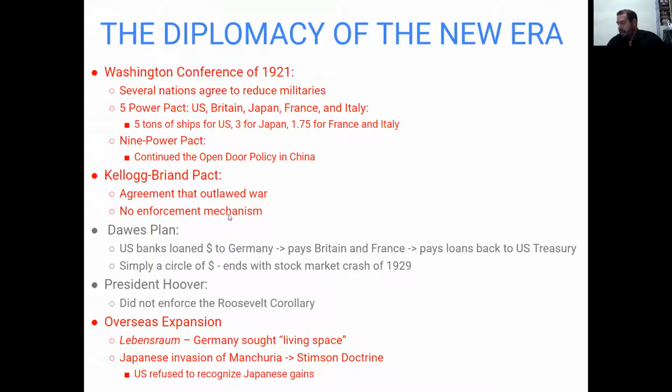And what comes out of that is the Stimson Doctrine, where the U.S. will refuse to recognize Japanese gains. So even though they invaded Manchuria and it was technically part of the Japanese Empire, the U.S. would not recognize that as being part of Japan. Manchuria, if you recall, is northeast China.